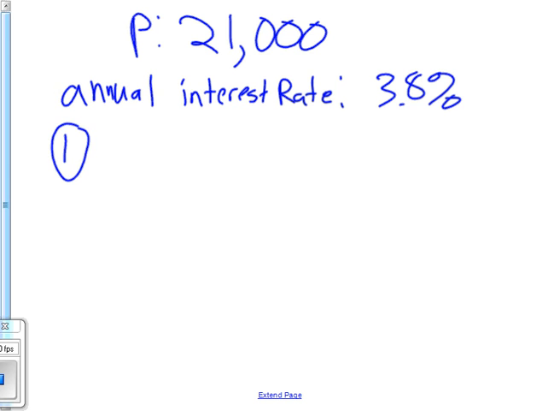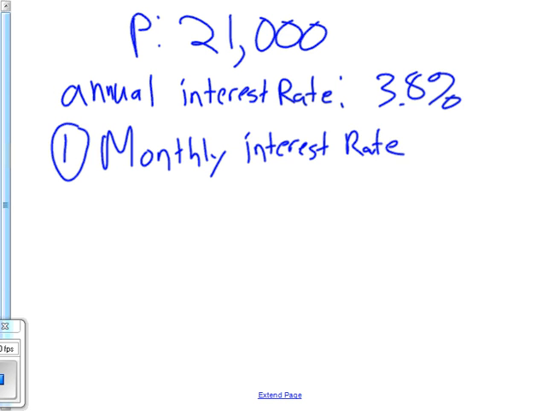We're going to find what our monthly interest rate is. And we're also going to find, this is going to be a step up here, if I make a monthly payment of, we'll say, $300. So this would be a monthly payment of $300.